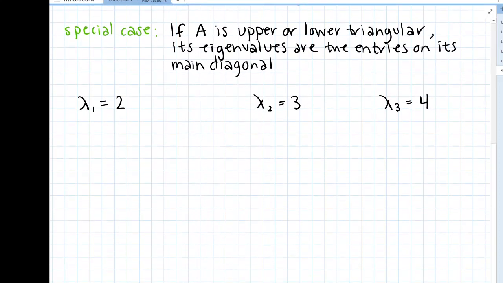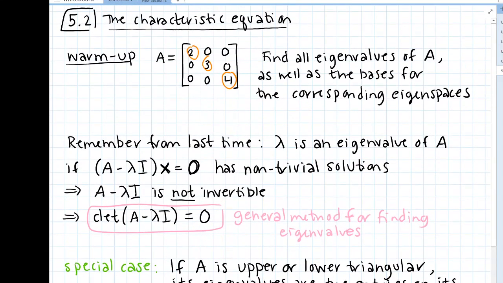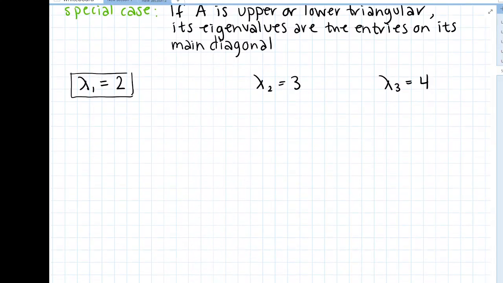Okay, so how do we go about finding now the eigenvectors corresponding to each of these? We want to basically solve the equation that is written up here, and that will tell us what values of x will make lambda have this special property. So we want to solve (A minus 2I) times x is equal to 0.